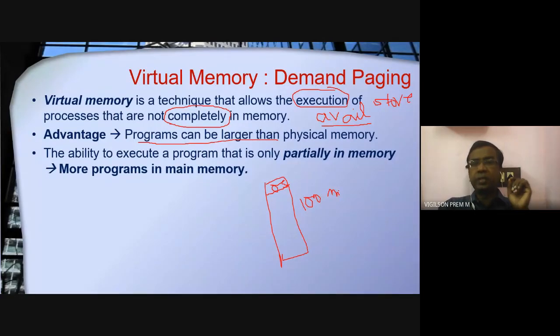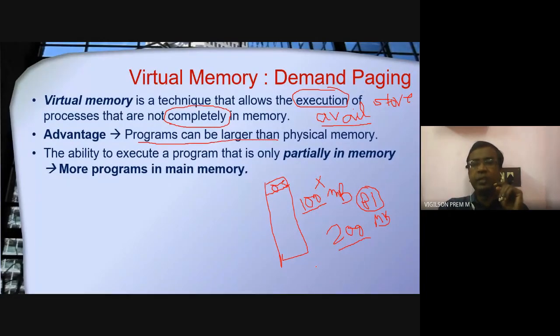Now I can start executing a program of size 200 MB also. Say my process P1 size is 200 MB. In our previous three techniques, it is not possible to start P1, because P1 requires 200 and the available main memory size is 100, so it cannot be processed.